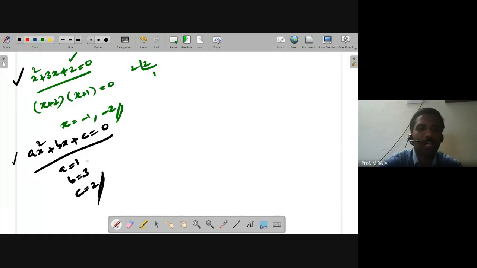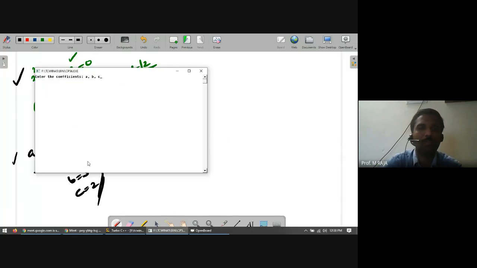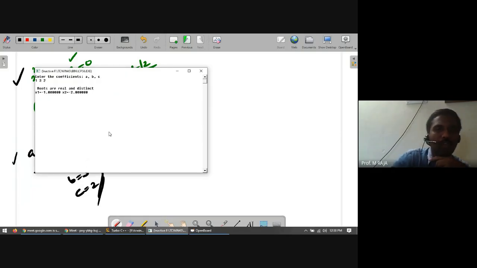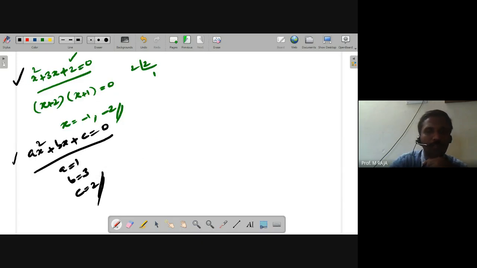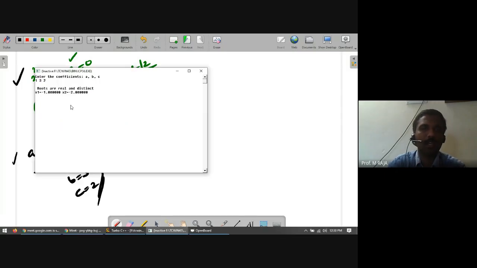So check the result by providing 1, 3, 2, with spaces in between. Our roots are real and distinct. x1 is minus 1 and x2 is minus 2. We are getting the result x is equal to minus 1 and x is equal to minus 2.